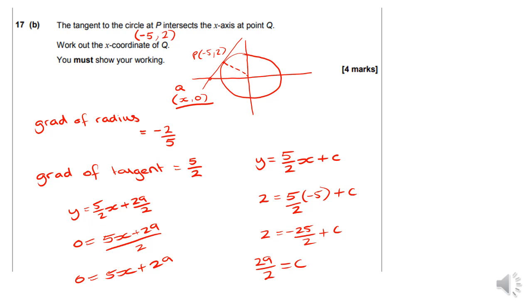So if you take the 29 over and then divide by 5, you get x is equal to negative 29 over 5, which is a very unusual answer, but I guess on a non-calculator paper that's okay. On a calculator paper that's okay too, and you could express it as a decimal if you wanted to, which is negative 5.8.